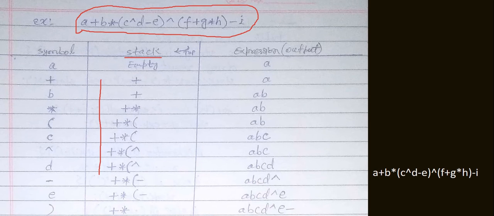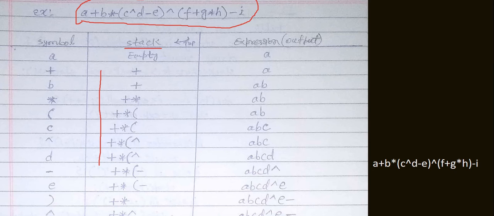The process is that the machine starts to scan from the left position. First, when any operand is encountered, just concatenate it with the output expression. When any operator like plus is encountered, just push it into the stack.